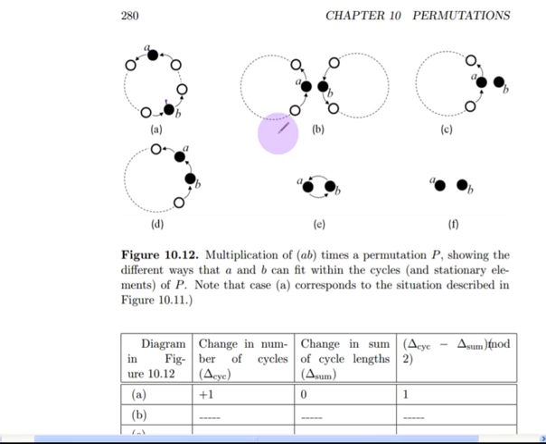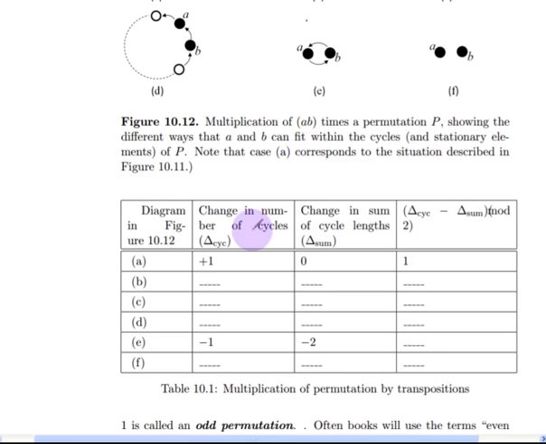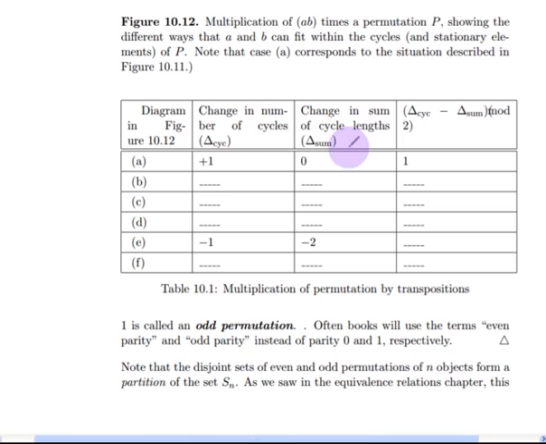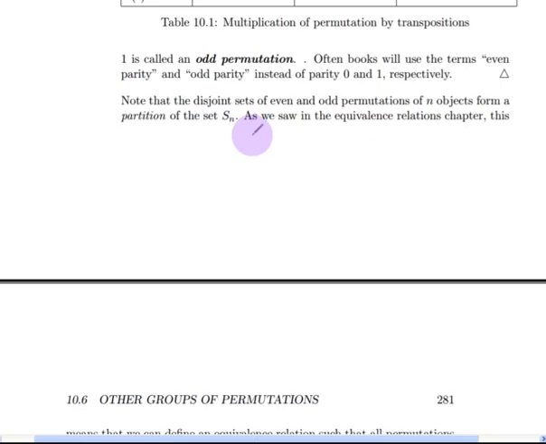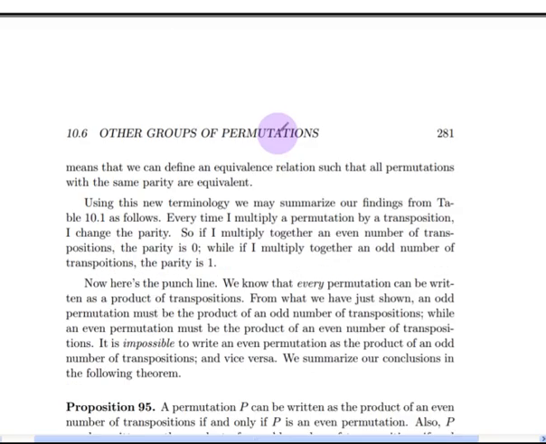Because when you multiply a permutation by a 2-cycle, one of these possibilities must happen. And what you're going to do is you're going to catalog the effect of these multiplications by 2-cycles on the cycles involved. Okay, so this is a long exercise where you get to discover this.